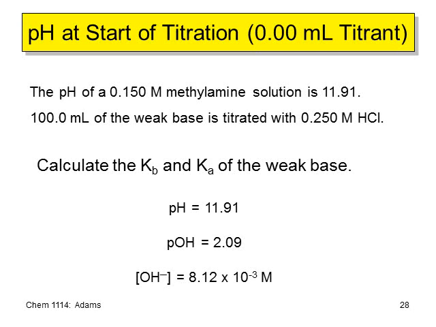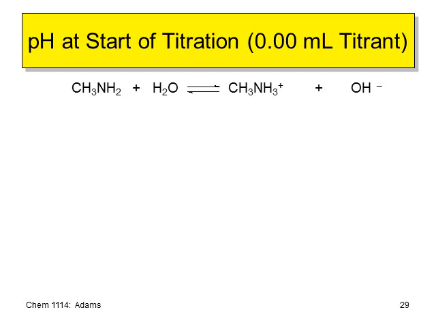Well, if you're given the pH, you can calculate the pOH. And I'm going to do this because I know we're in a weak base. I need to calculate hydroxide ion concentrations. 10 to the negative 2.09 gives me the hydroxide ion concentration. I am going to start off with the weak base dissociation equation.